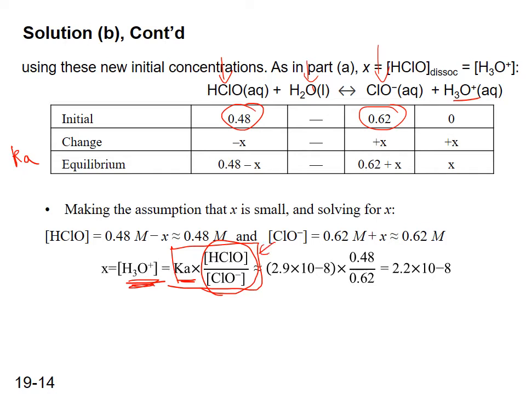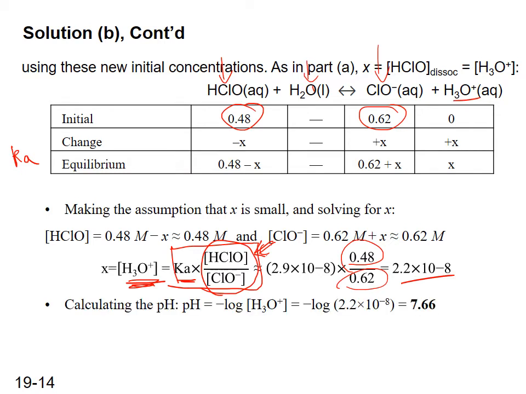Now, if Ka is small, as in this case, X will be very small. So the acid concentration at equilibrium is approximated by the initial concentration, and the same for the base. So we just use the initial concentration, and we get the hydronium ion concentration in this buffer solution after hydroxide is added.